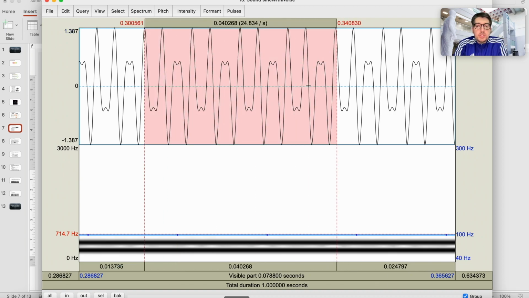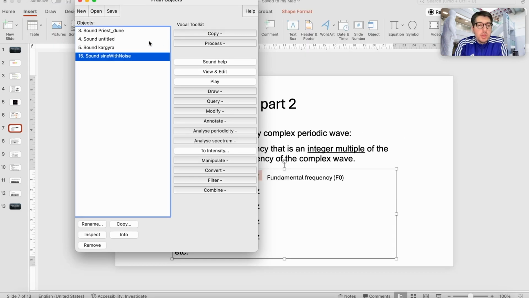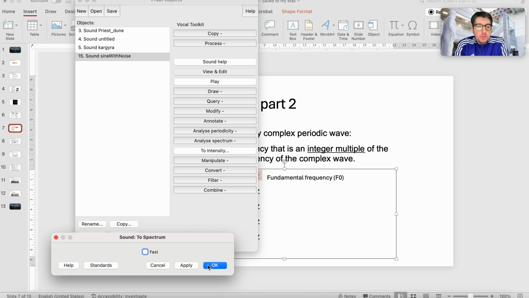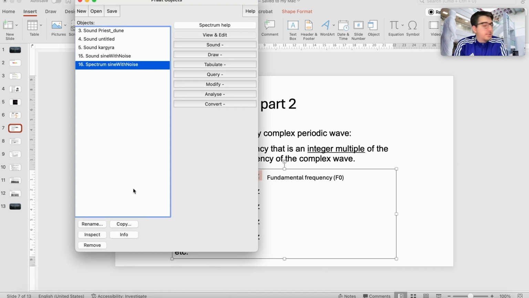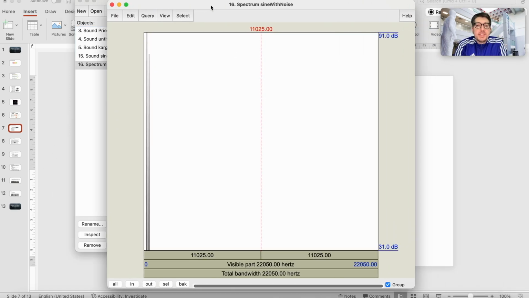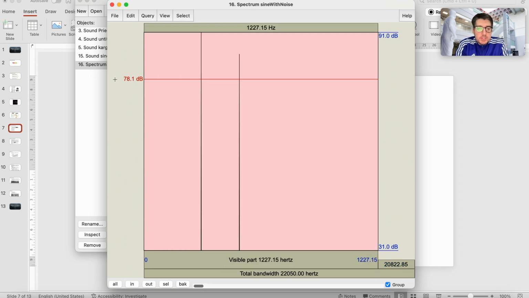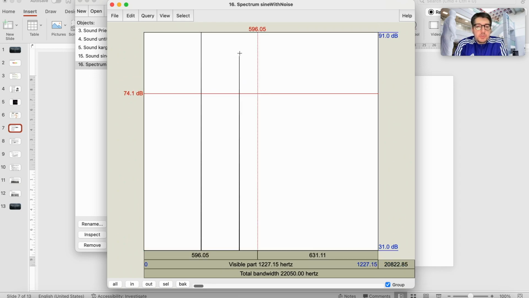And this is what it looks like. You can see the repetitiveness, but it's still a complex wave, but it's a periodic wave. I'm going to show you the spectrum. Here it is. As you can see, this is my power spectrum.